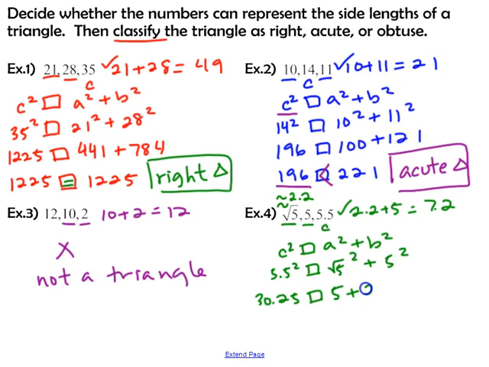And 5 squared is 25. So we have 30.25, box, 5 plus 25 is 30. When we compare these lengths, remember, again, it's based off of C squared, and this time C squared is larger than A squared plus B squared. So when C squared is bigger, you want to think bigger, and that's an obtuse triangle.